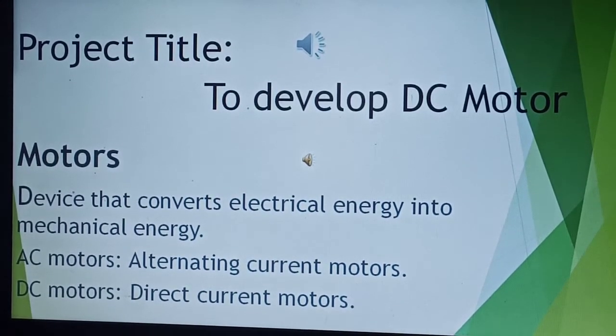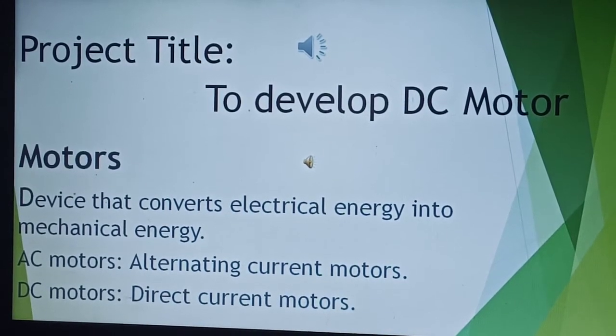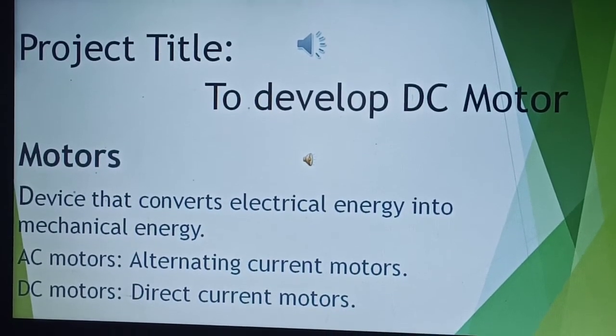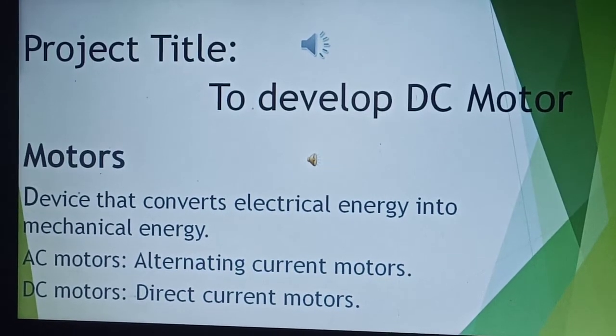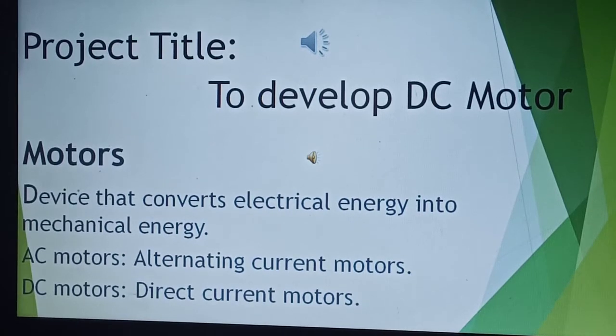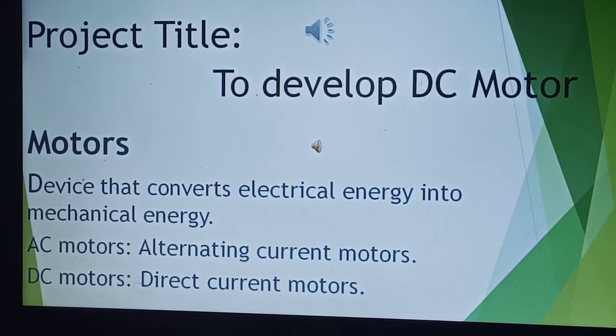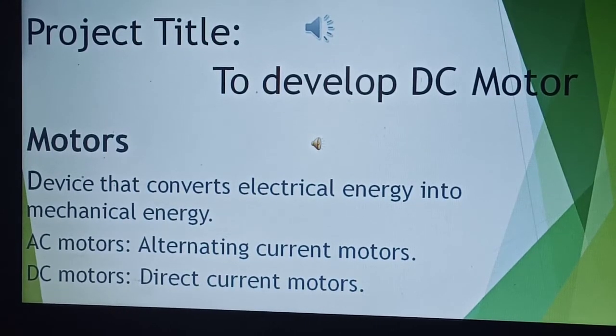In that motor we give electricity as input power, and it provides the mechanical energy to uplift that water. So we can conclude that motors provide mechanical power by taking in electrical power.